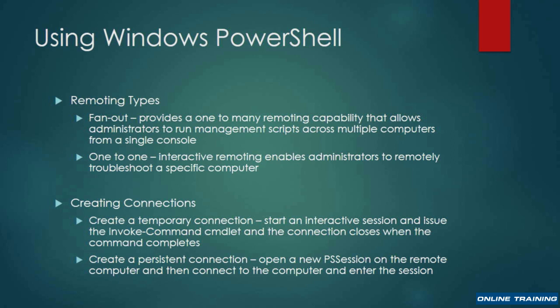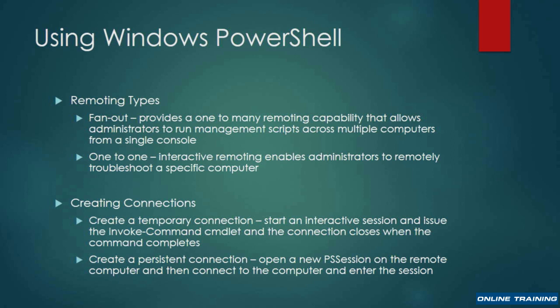And then you also have one-to-one interactive remoting, which allows you to remotely troubleshoot a specific computer. It is done in a couple of different ways, but a lot of times we just connect to a remote computer, or we establish a session on a remote computer and then connect to that session. The connections can be temporary or persistent.